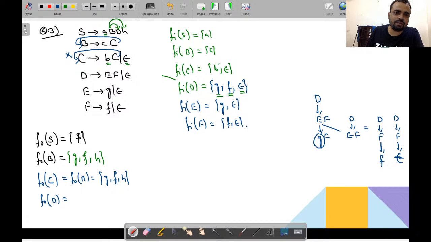D is appearing over here. So the follow of D is equal to H. Similarly, find out the follow of E.